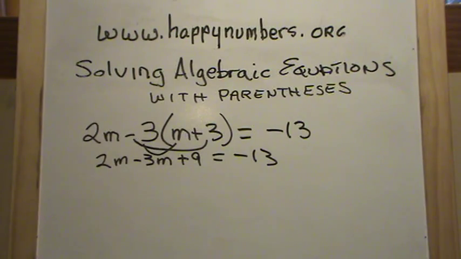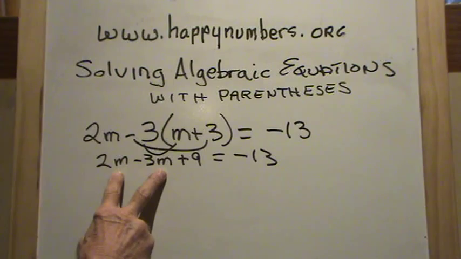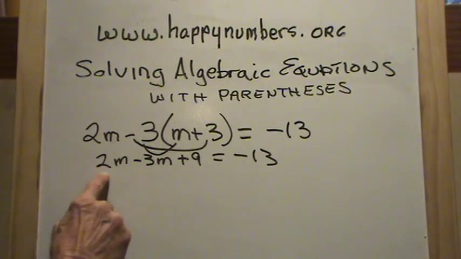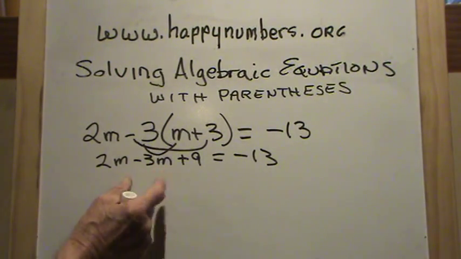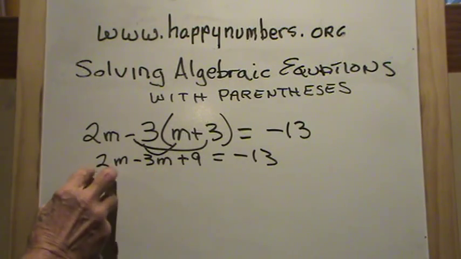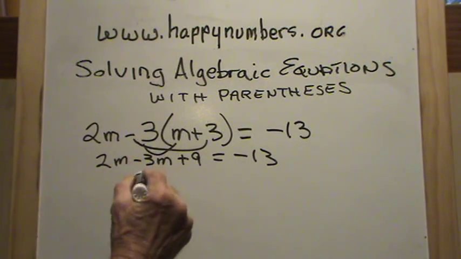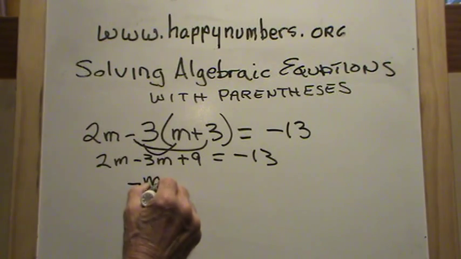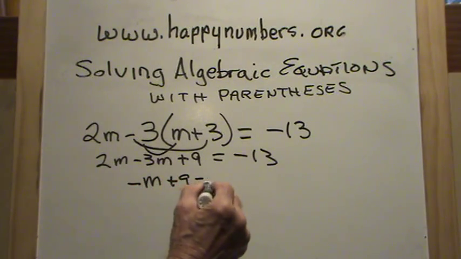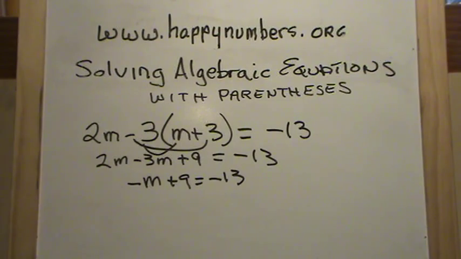Okay, so that's our first step. Now we have like terms here. We have a positive 2m and a negative 3m. We can combine these. Positive 2m and a negative 3m would give me negative m plus 9 equals negative 13.